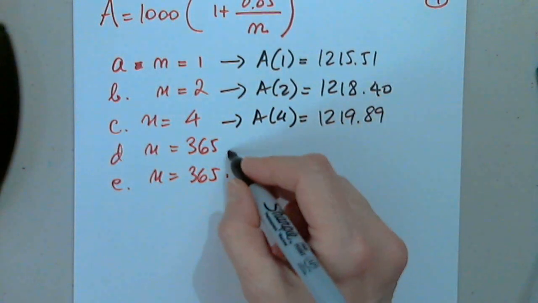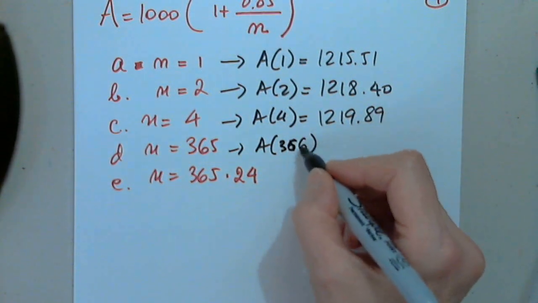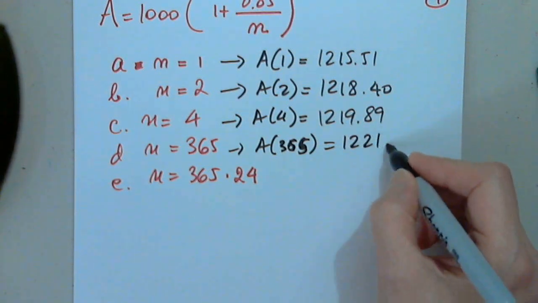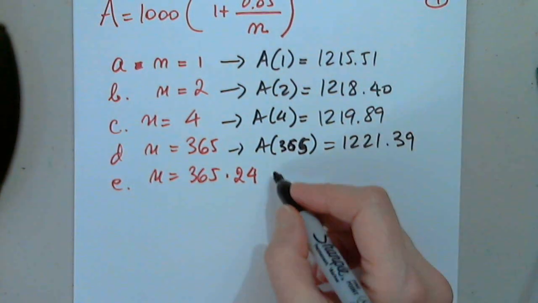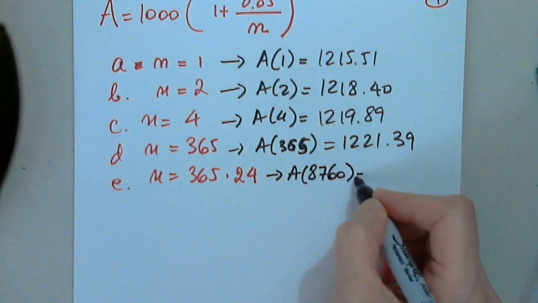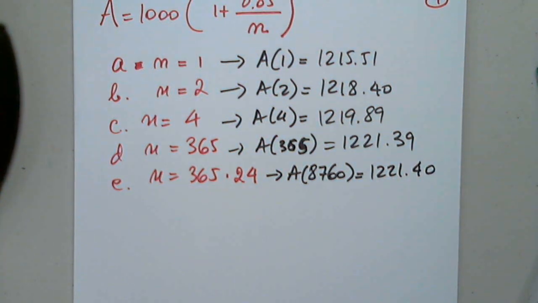A of 365 is 1221.39. And the last one, A of 8,760, is 1221.40. That's all I wanted to record here.